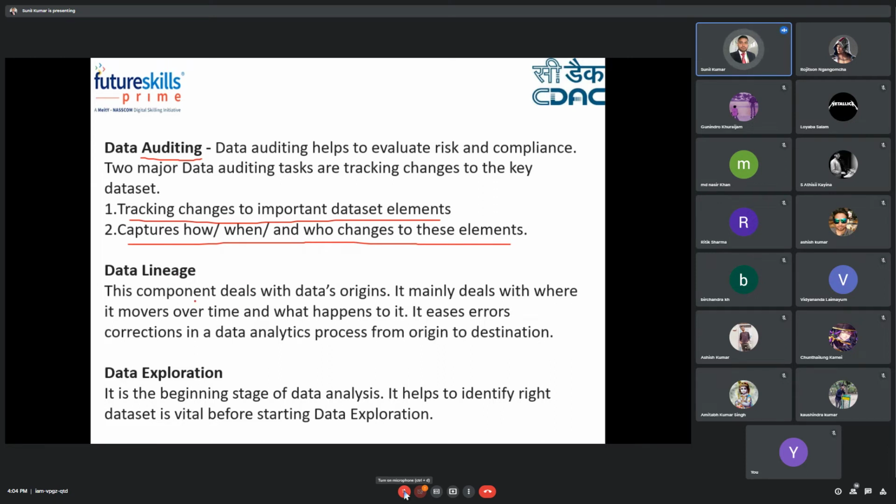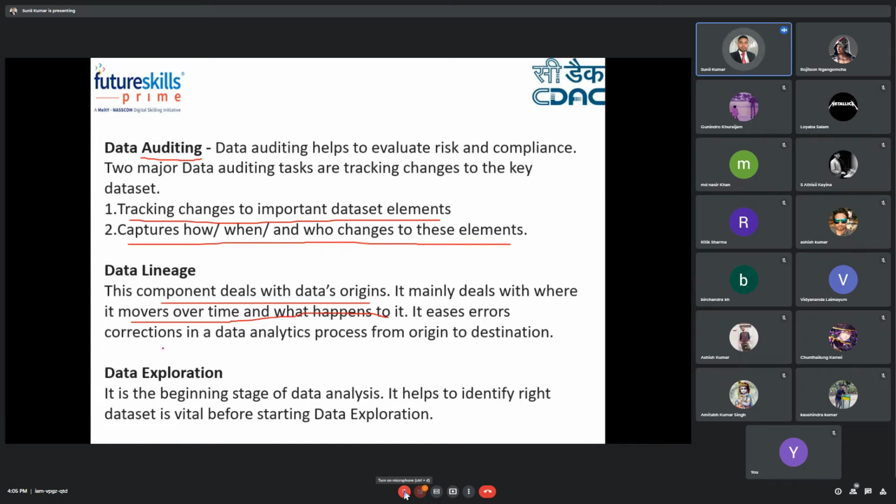Data lineage basically deals with origins, meaning when data is moved or transferred from one destination to another destination, what happens with that data.